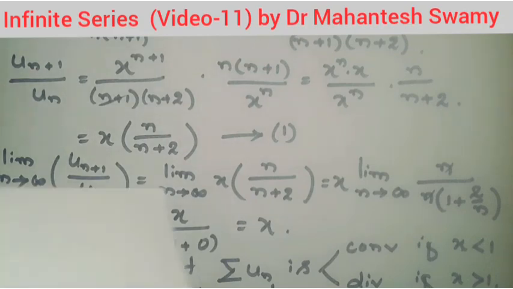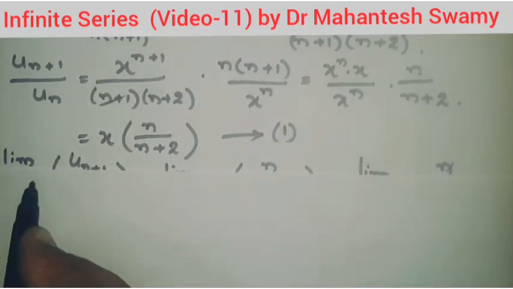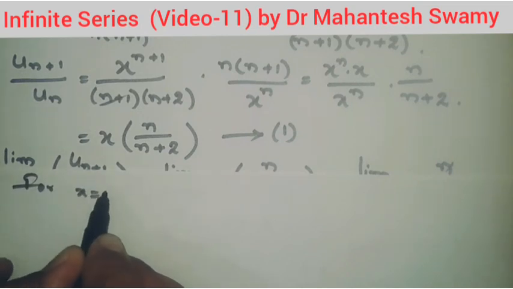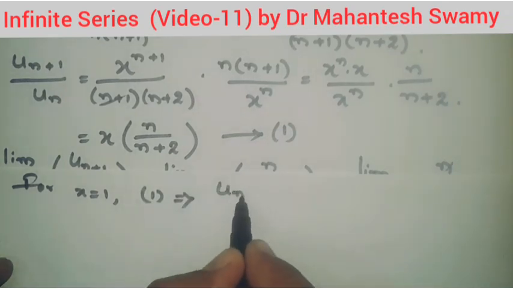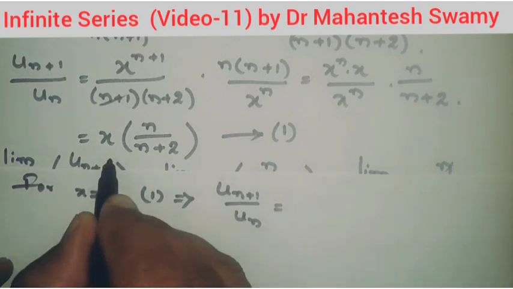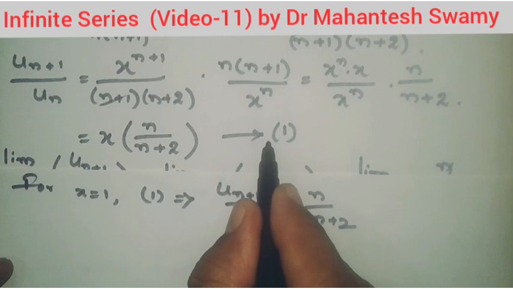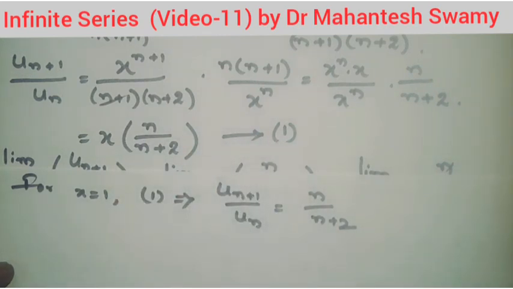So for x equal to 1, equation number 1 implies u(n+1) divided by u(n) equals n divided by n plus 2. So this is the result which I obtained from equation number 1.